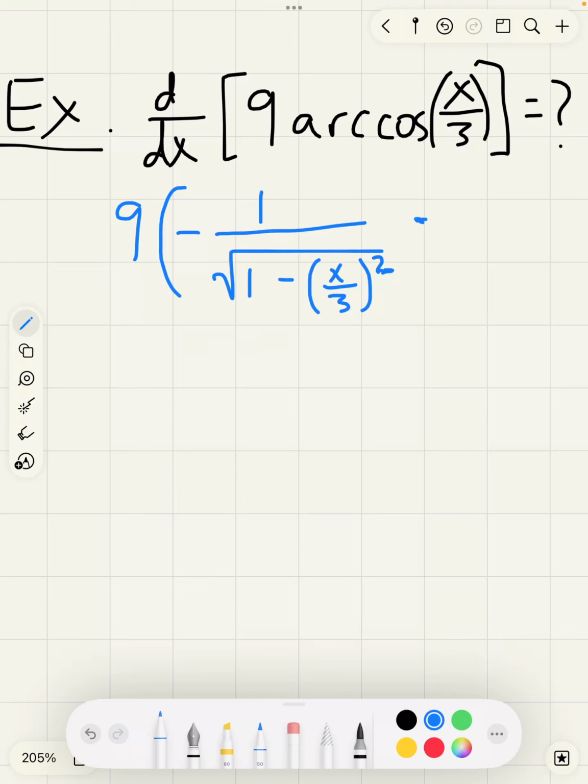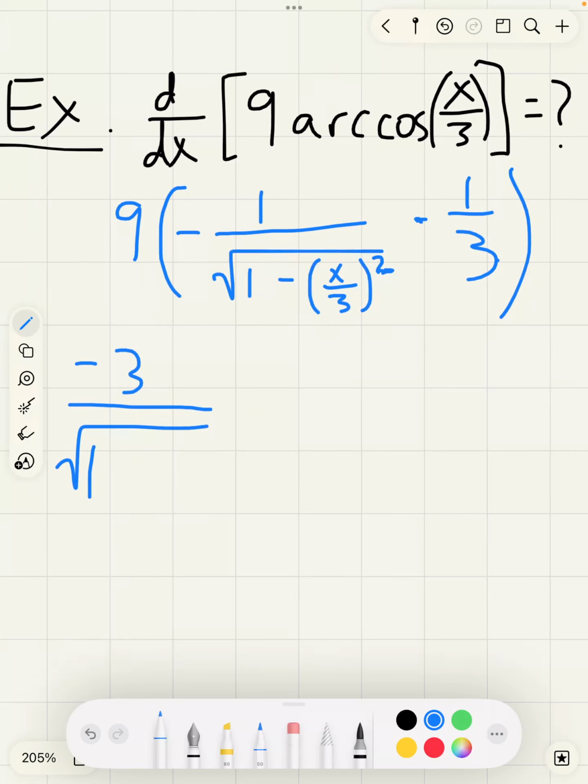Derivative of x over 3, well, x over 3 is 1/3 x, so its derivative is just 1/3. Since I have this 1/3 multiplying, I can bring it out with the 9, and we would get 9 divided by 3, which is just 3. So we have negative 3 over the square root of 1 minus x squared over 9.